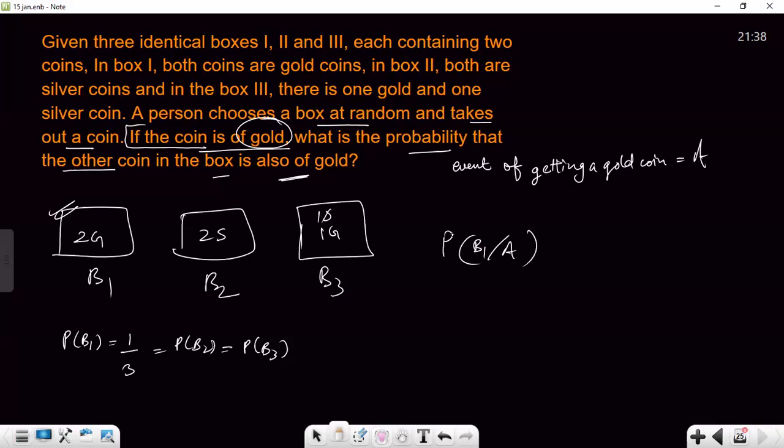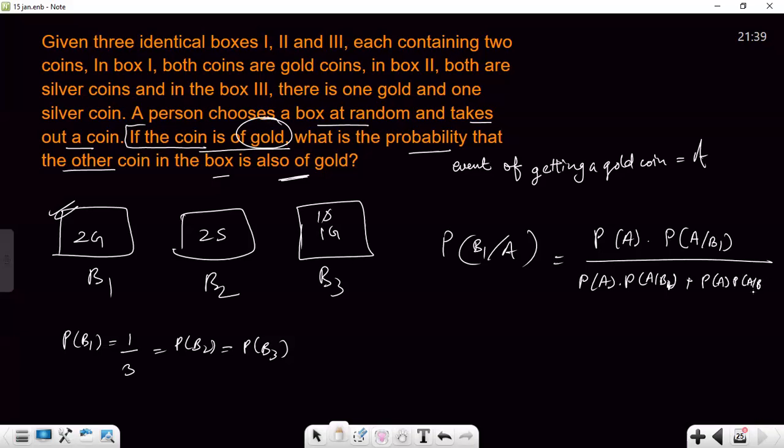Okay. So if that is so, we'll first multiply the probability of event A happening and then probability of event A when B1 has taken place, divided by the probability of getting a gold coin via box 1 plus probability of getting a gold coin via box 2, probability of getting a gold coin via box 3.